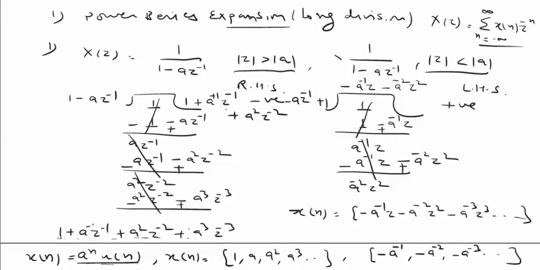We can write in this way. These terms start from minus 1 location, minus 2 location, minus 3 location. I can conclude this answer: minus a to the n u(minus n minus 1), valid for negative values of n. So with the long division method we can generate the answer in this way. It is a very typical method.